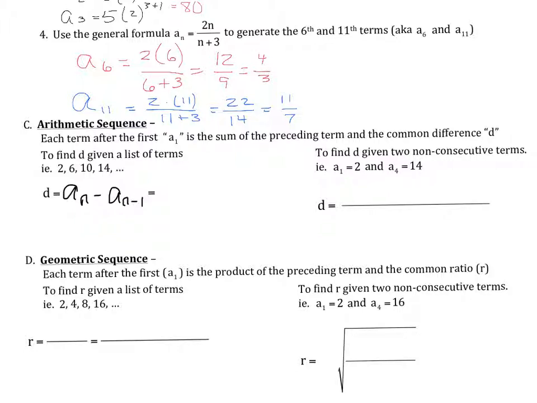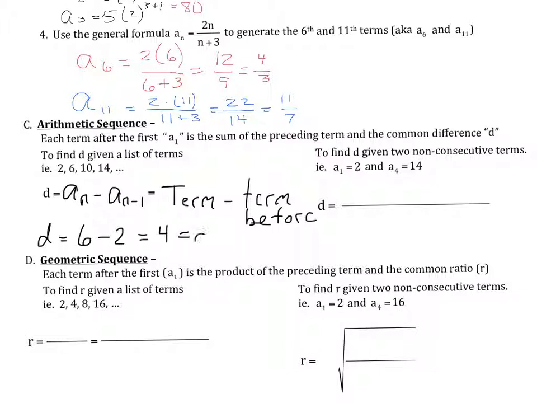So in other words, this is whatever term minus the term before. So in our example here, you can take any term and subtract the term before it, and we have our common difference, d. Okay? And this is only if the sequence is arithmetic and you could tell that you are adding or subtracting the same thing every time.